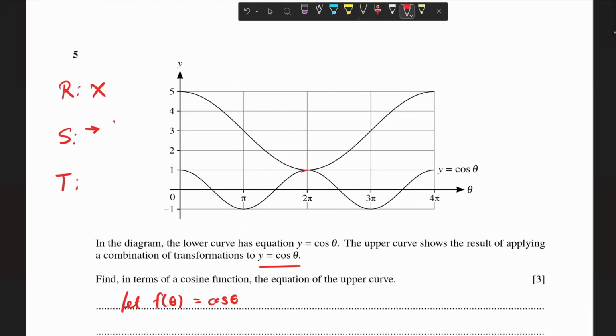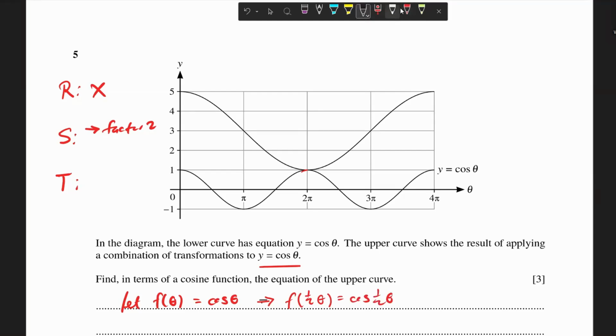That means the cosine graph is now giving us cosine of half theta, because f of a half theta is what represents a stretch of factor 2. So that's what we have right now.